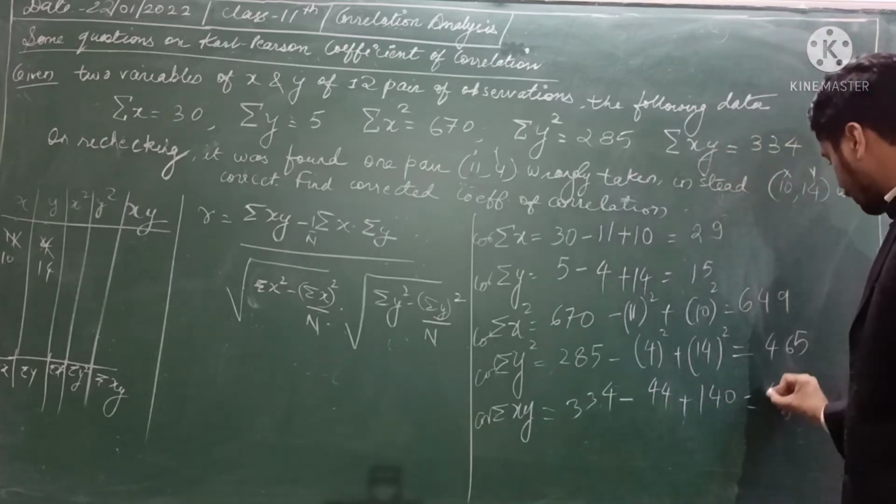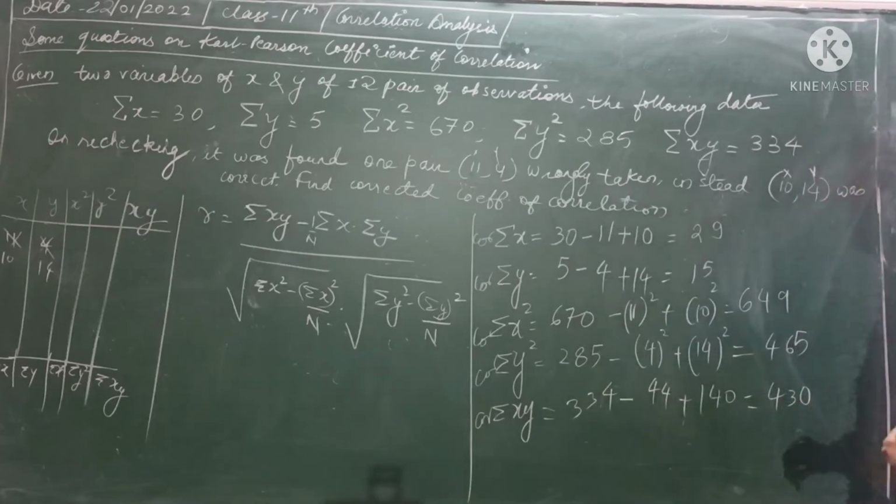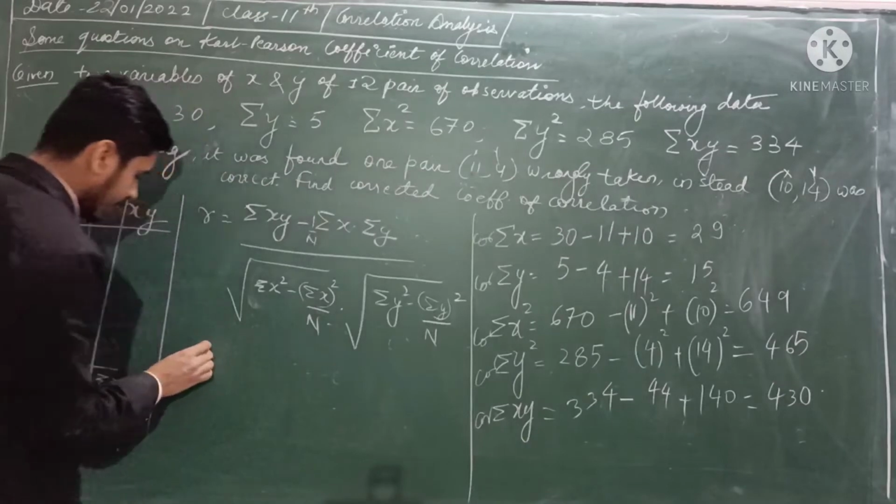Its answer is 430. So you got all the five things; you only have to put them in.